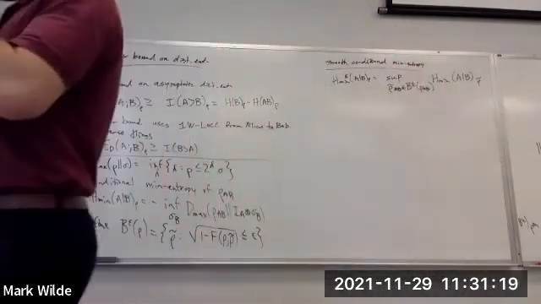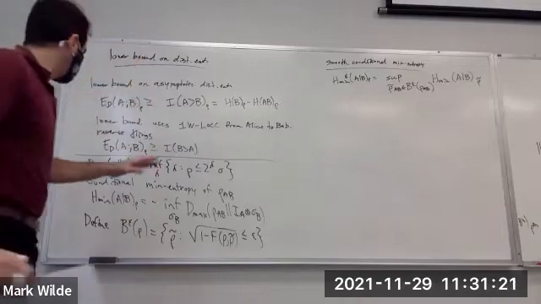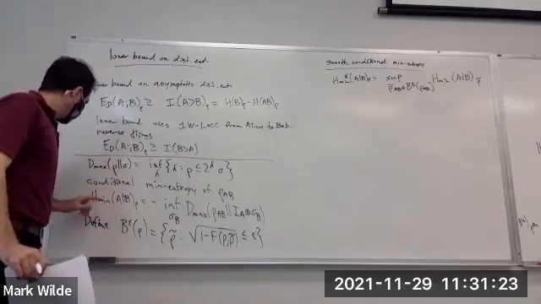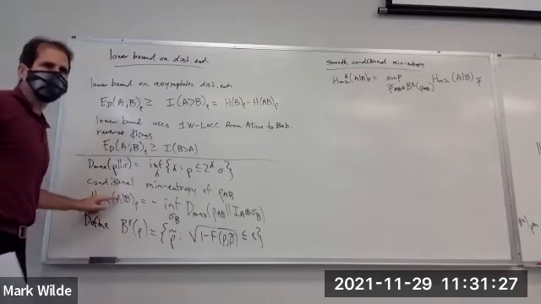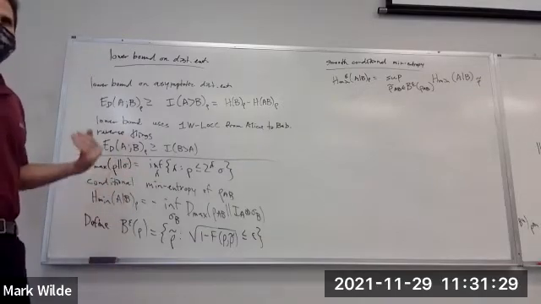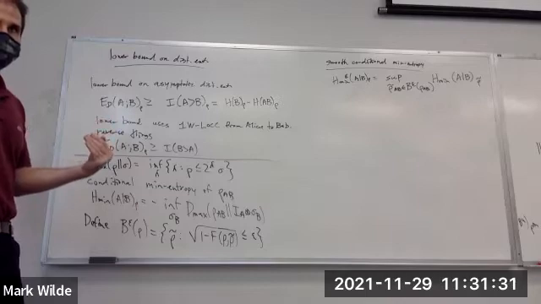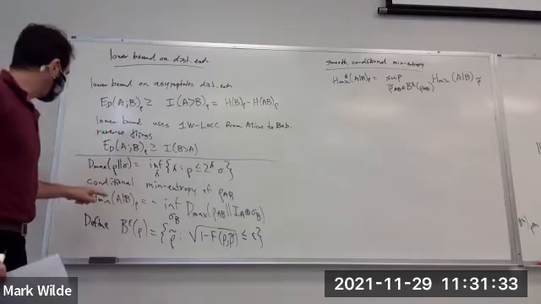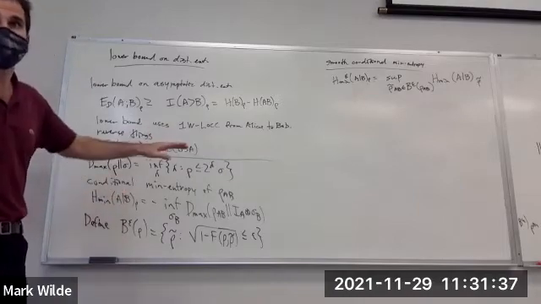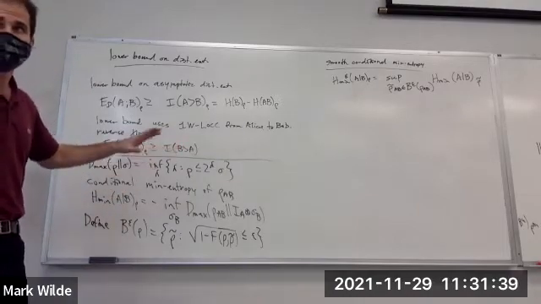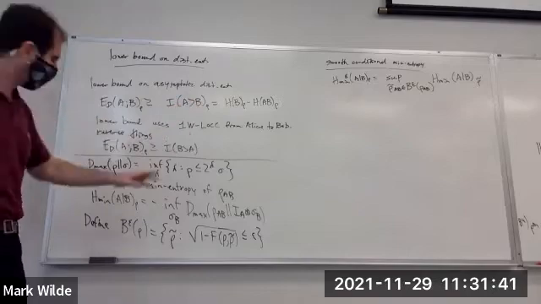And the idea behind this is like this. What we're going to show is that this quantity is going to be like the number of EBITs that you can extract from rho AB. The number of exact EBITs without error at all. Okay, so that's how you should think about it roughly.